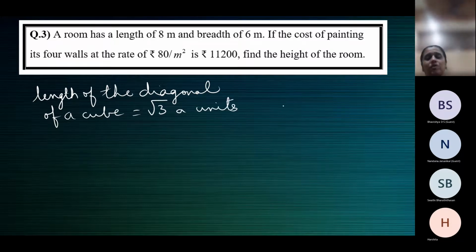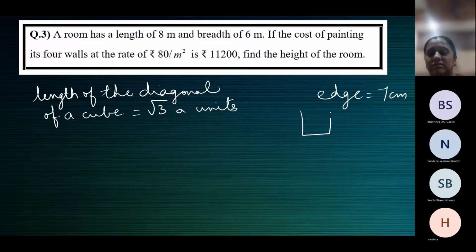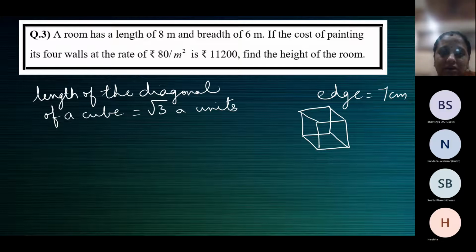√3a units. Now, for example, if the edge of the cube is say 7 centimeters, then the length of the diagonal, see here, a cube. Now, what is the diagonal of a cube? The diagonal is the line segment that connects any one top corner to its opposite bottom corner. I'll show you here.